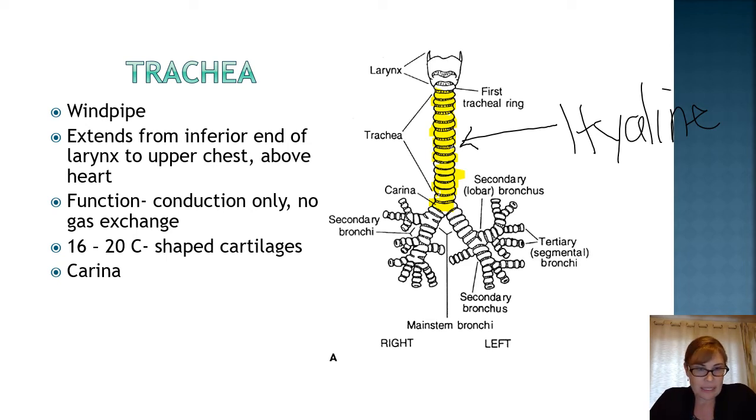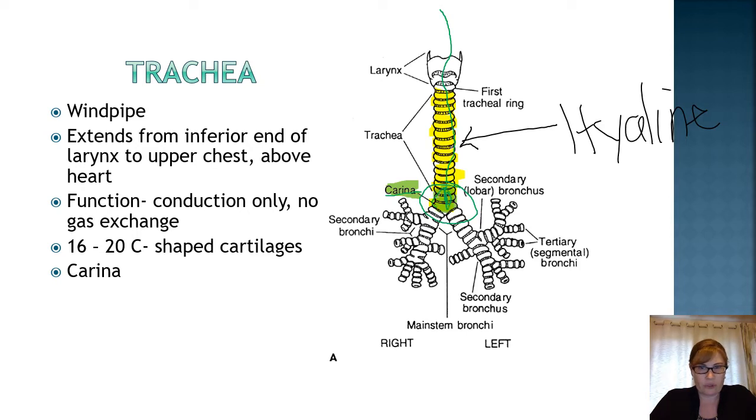The last thing I wanted to discuss on this slide is this region right in here, which is known as the carina. The carina is literally a location where the trachea ends. When people do an intubation, they put a tube in and aim for it to stop right around the carina.